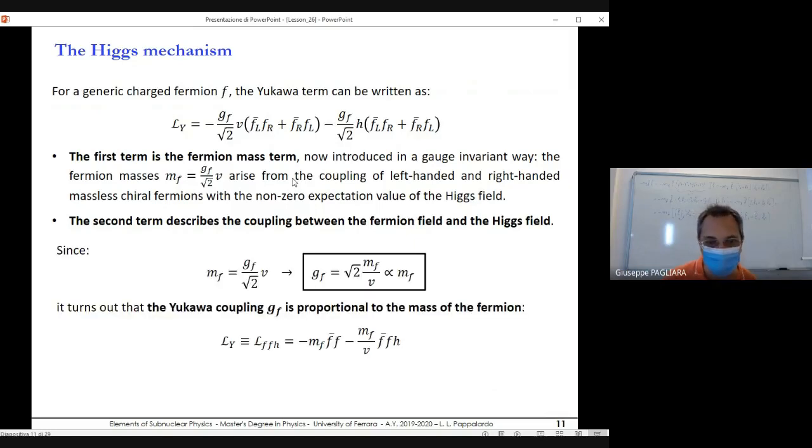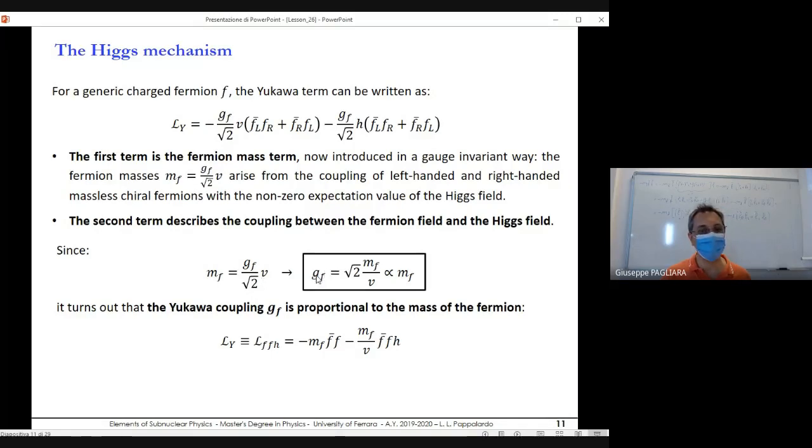Now, if you compare this expression with the one that I have on the blackboard, of course, the coefficient here must be the mass of the fermion. All the rest is the same. So the mass of the fermion is given by this expression here, which is again a function of the vacuum expectation value of the Higgs field.